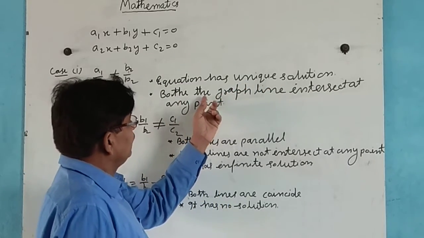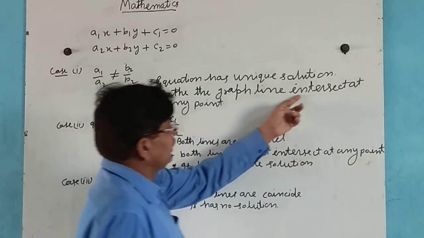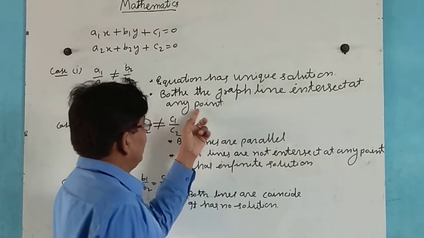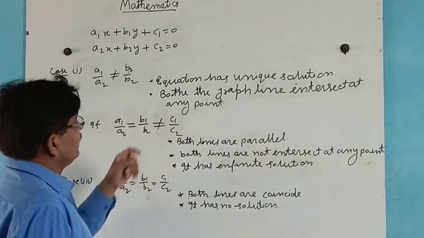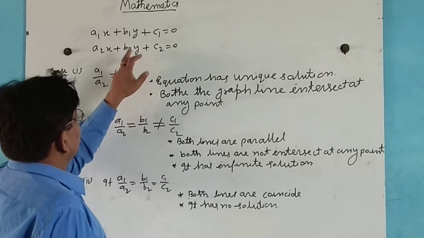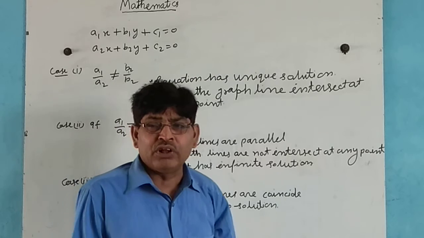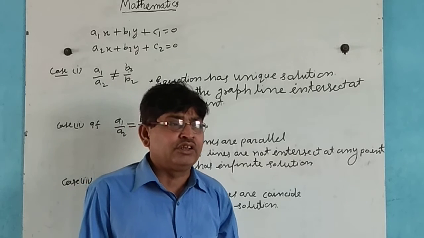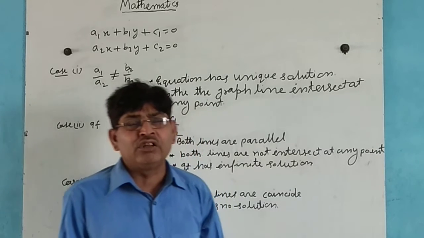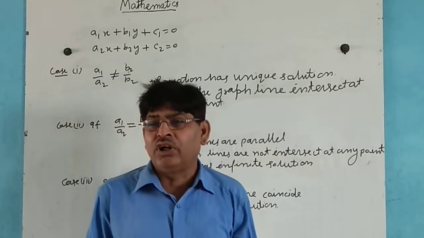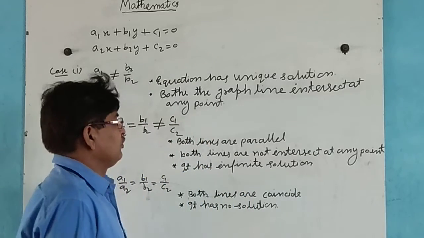and both graph lines intersect at a point. If we draw a graph of both lines, they intersect at a point, and that coordinate is the solution of x and y.